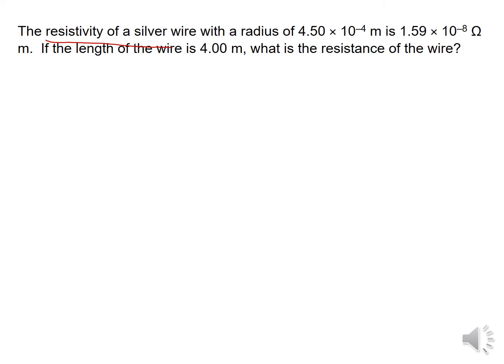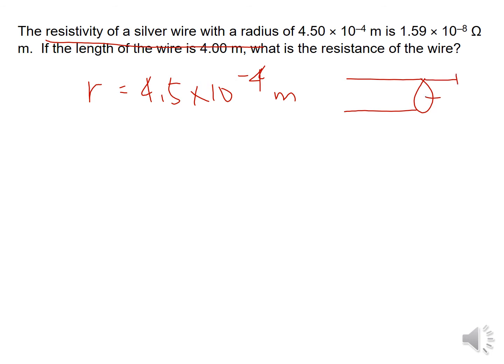The next problem: the silver wire with radius 4.5 times 10 to the negative 4 meter. So here's the radius of the wire. Again, if this is the wire, the radius is 4.50 times 10 to the negative 4 meter. And then according to the problem, we're looking for the resistance.